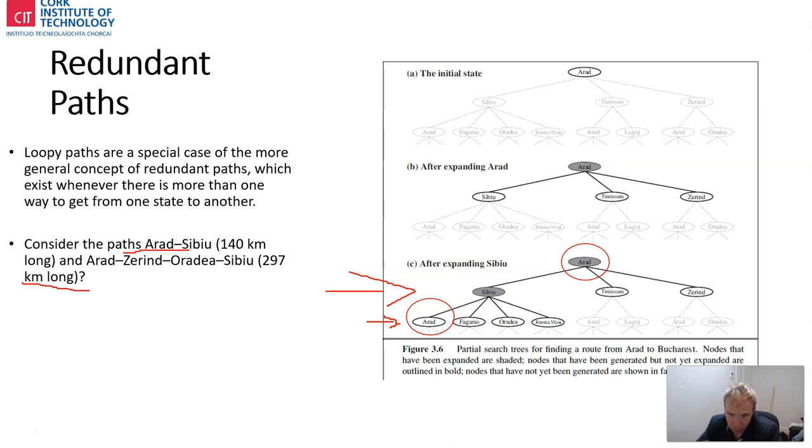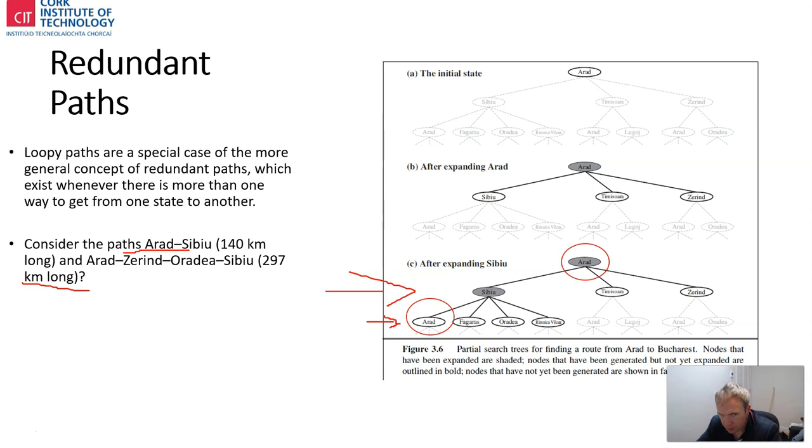If we're concerned about reaching our goal, then we don't need to keep more than one path to any particular state, because any goal state that is reachable by extending one path is also reachable by extending the other. Again, ideally, we'll be able to define the problem such that we can eliminate redundant paths.